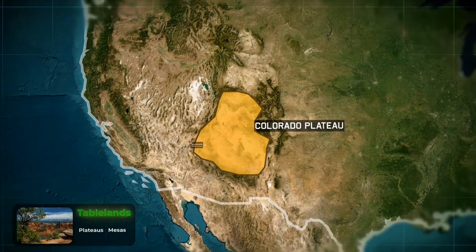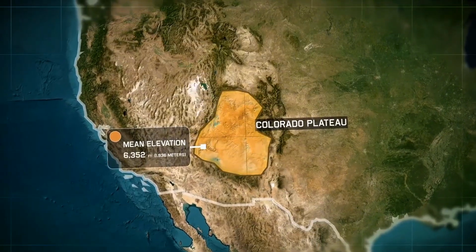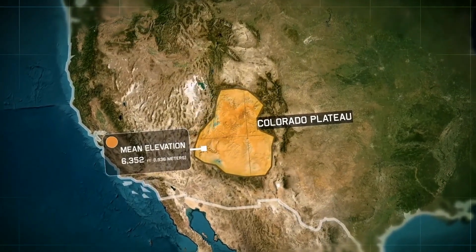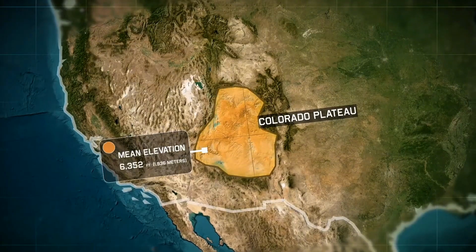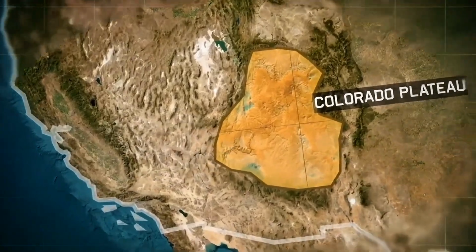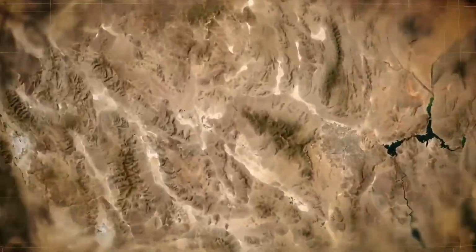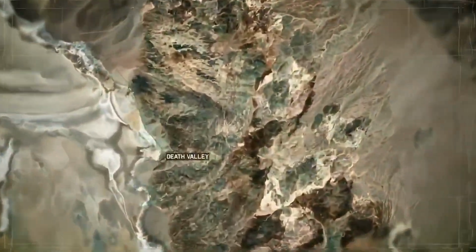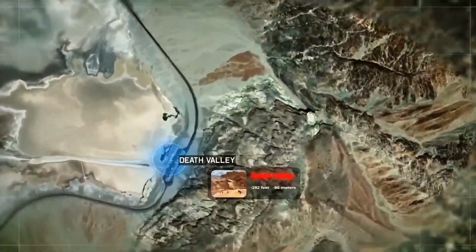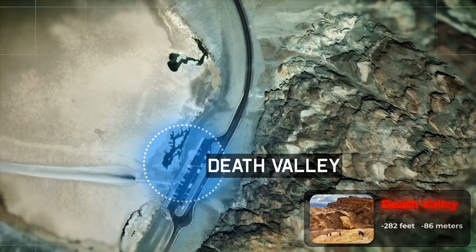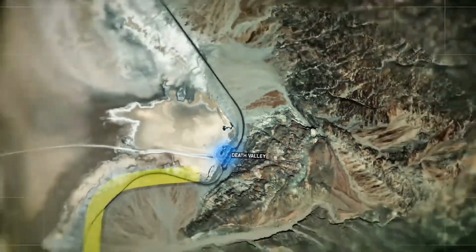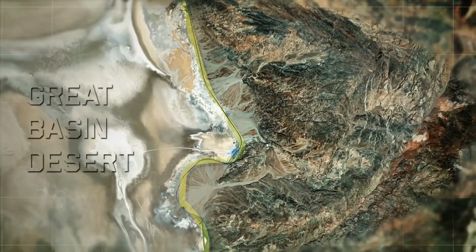The mean elevation on the plateau is 6,352 feet, which is 1,936 meters. Moving forward, the lowest point in North America is found in Death Valley at negative 282 feet, which is negative 86 meters, and borders the Great Basin Desert.